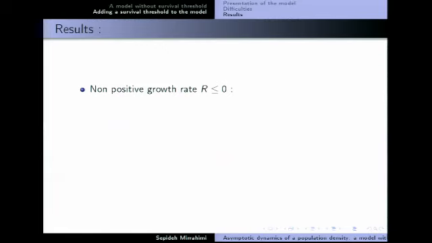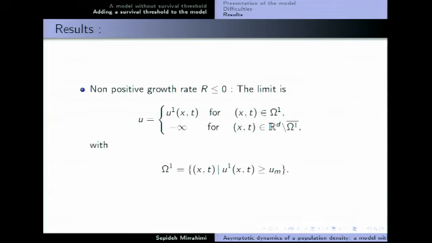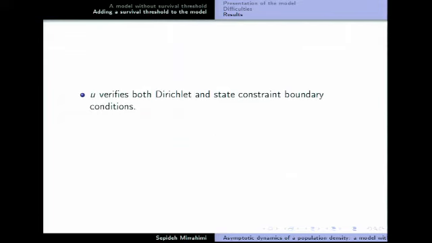So in the case with R negative, the non-positive growth rate, it is easier than the other cases, and we can show that the limit is actually U1 truncated, and we can easily verify that this function U verifies both Dirichlet boundary conditions and state constraint boundary conditions.